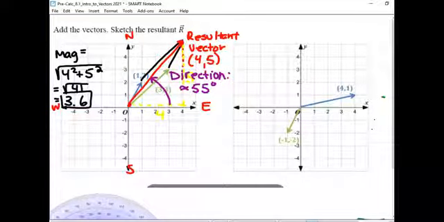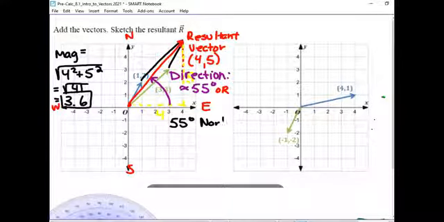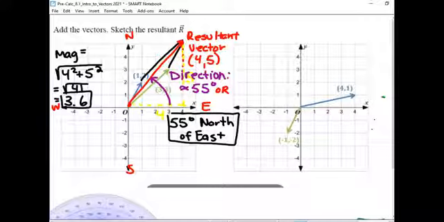So when we do the application problems, we can also say that this is 55 degrees north of east. North of east. All right, so you can say it either way: either 55 degrees, or 55 degrees north of east.